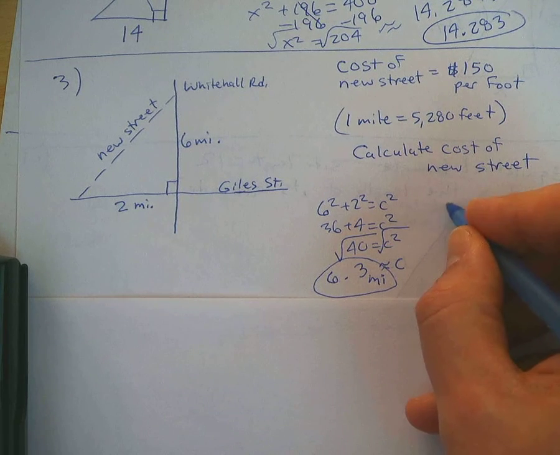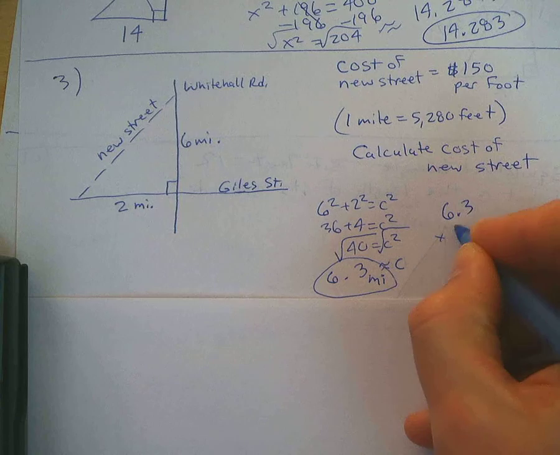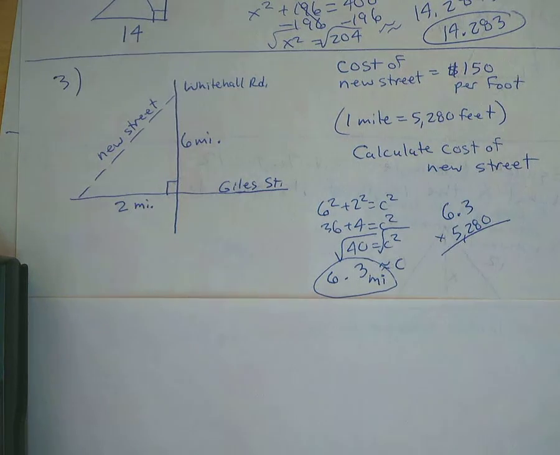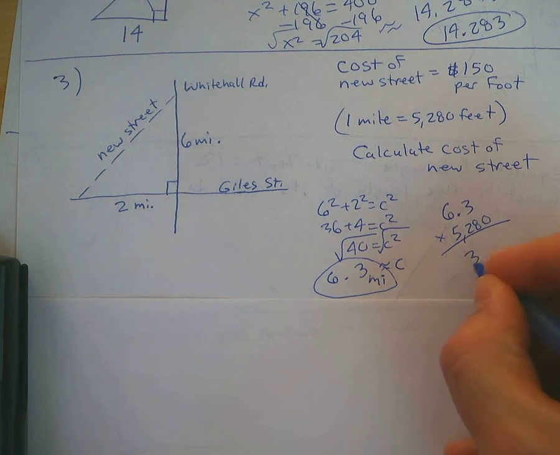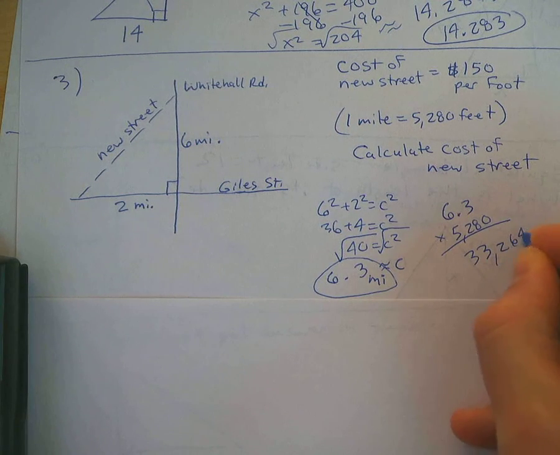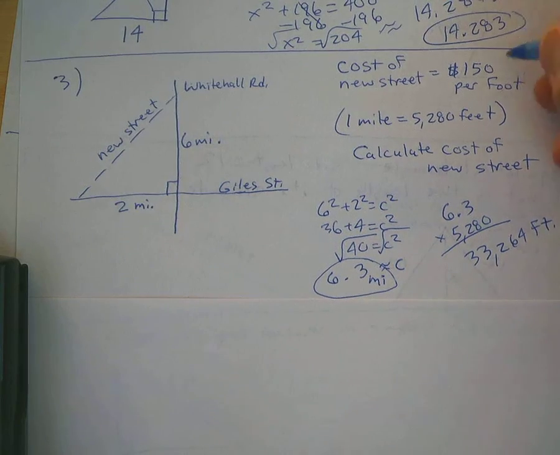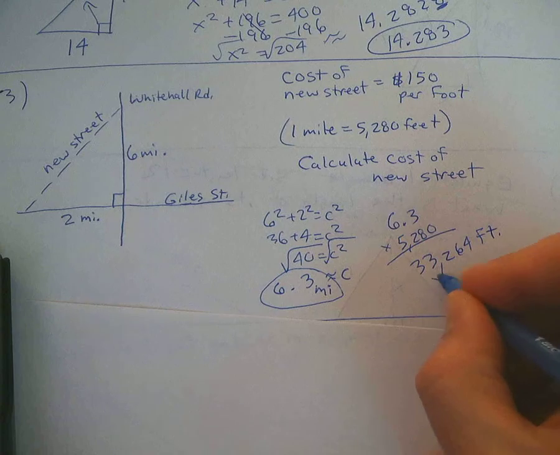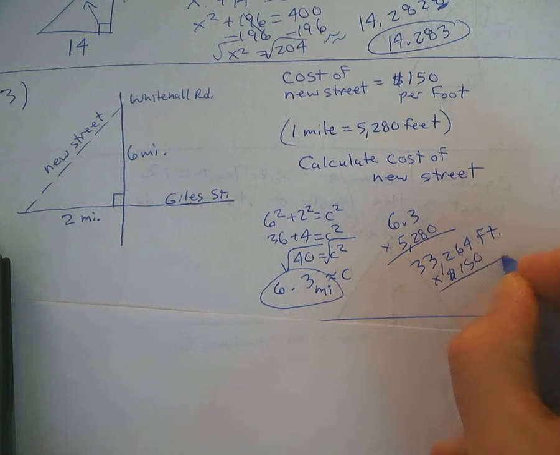So we're going to take 6.3 times 5,280 to figure out how many feet we have. So I'll do that. 6.3 times 5,280, and I get 33,264 feet. Well, it costs $150 per foot, so I have to multiply this by 150 bucks.